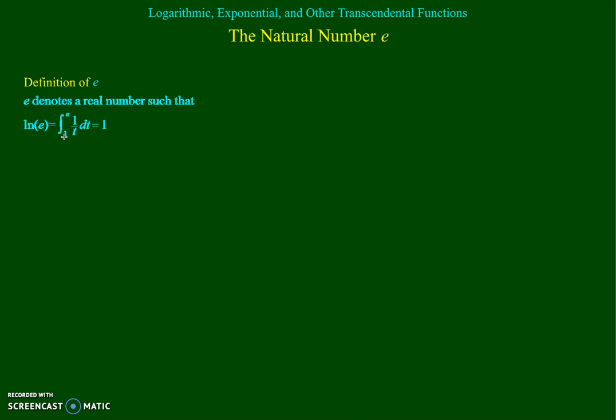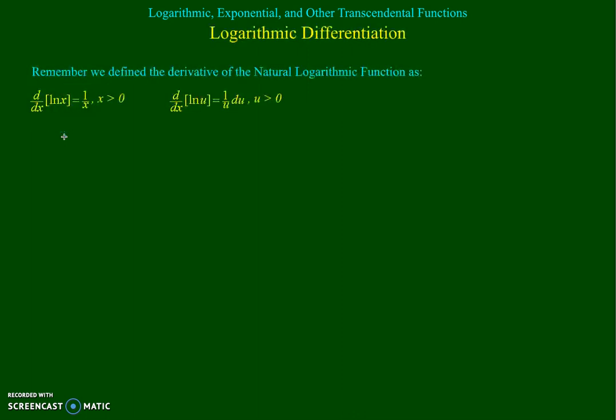Now what we're going to do is use these properties that we looked at in the last video and this definition of the natural number to look at doing logarithmic differentiation. Hopefully you'll recall when we went through the derivation of the natural log function using the limit definition of a derivative, we said that the derivative with respect to x of natural log of x ends up being 1 over x.